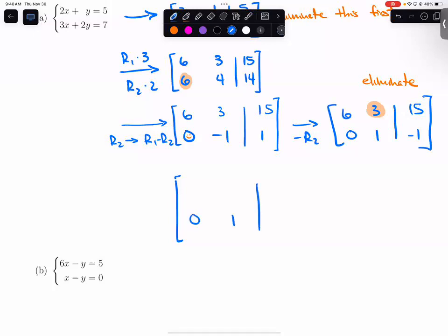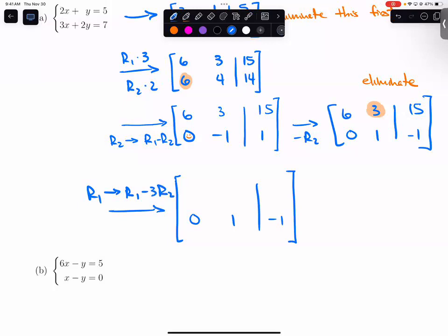Row 2 is where I want it, so I'm not going to do anything with it. But if I want to eliminate that 3 that's sitting above a 1, we're going to multiply this by 3 and then subtract. So I'm going to replace row 1 with row 1 minus 3 row 2.